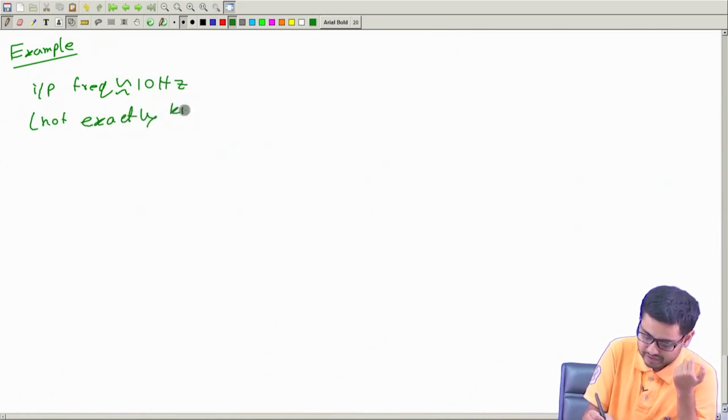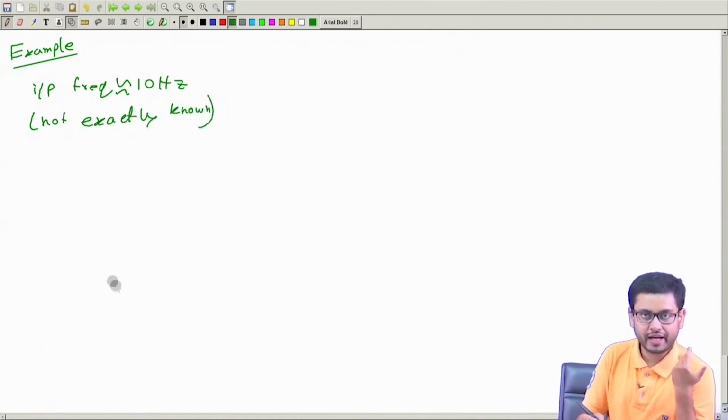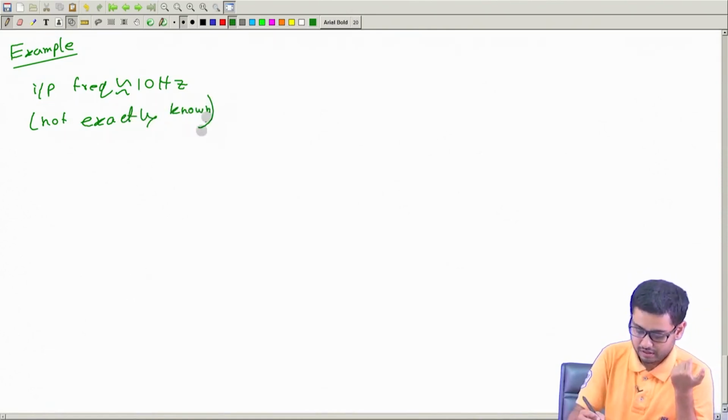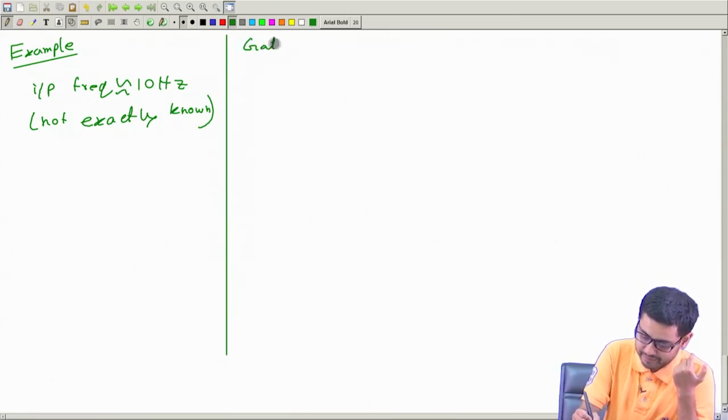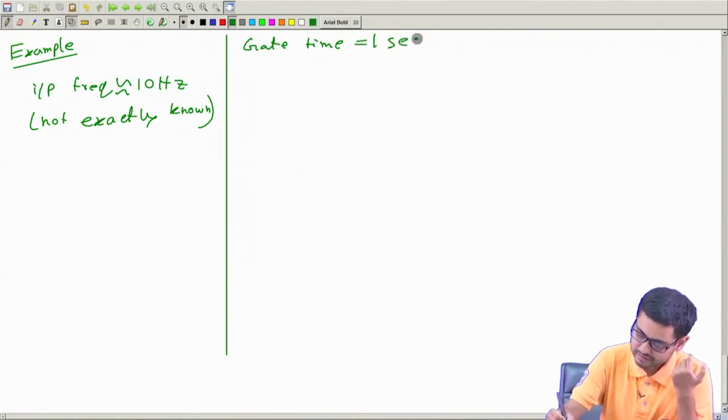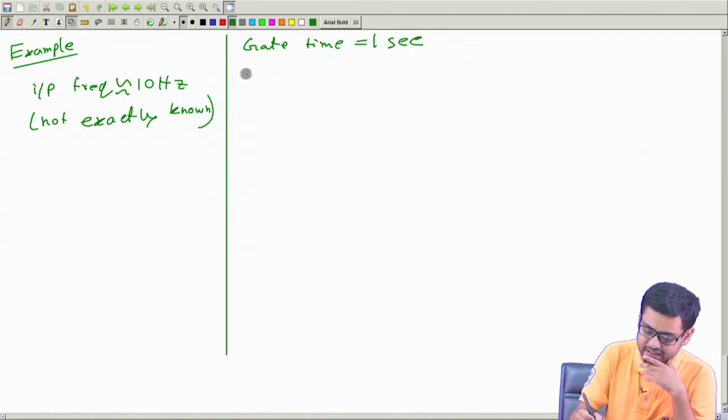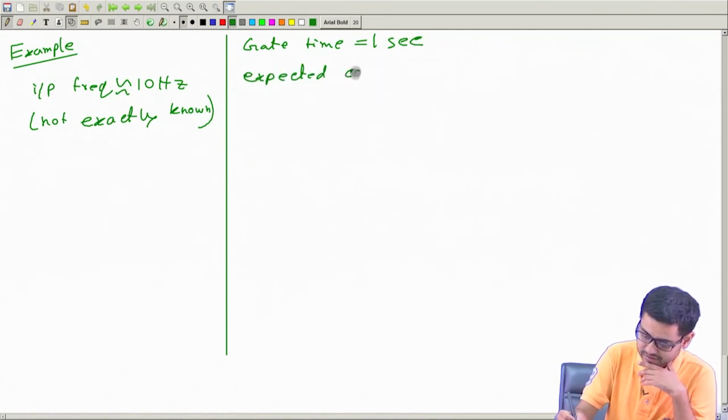It can be 9.9, it can be 10.1, and so on, but it is around 10 hertz. Now, if gate time is equal to 1 second, then the expected count is how much?